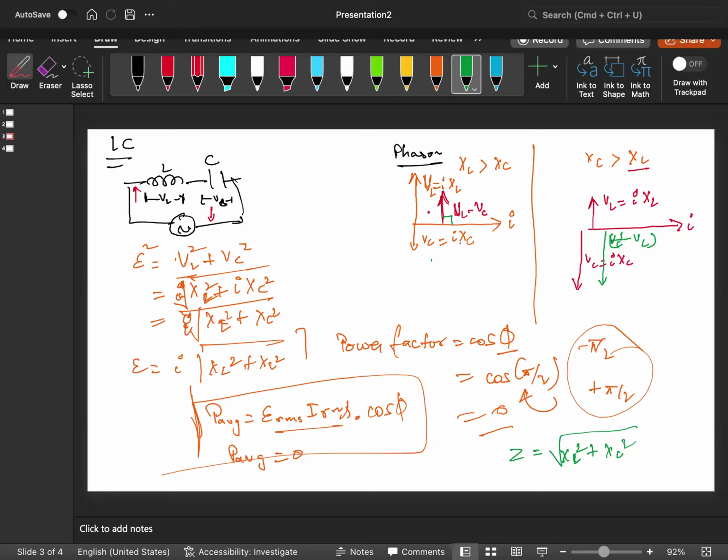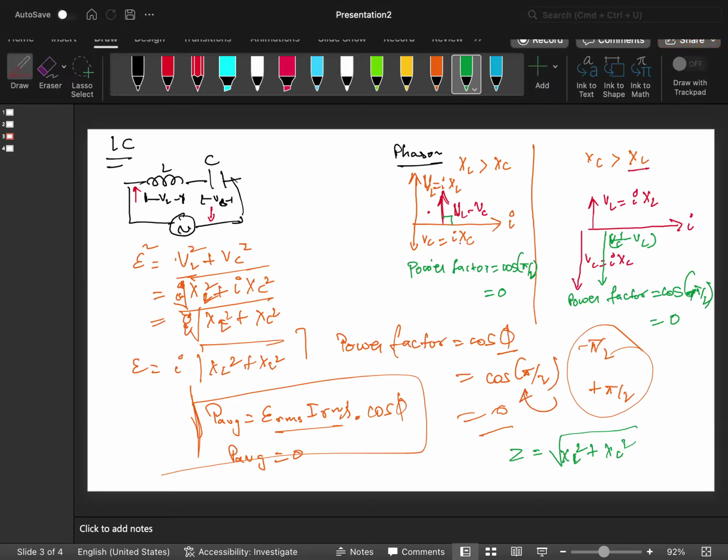Here also the power factor cos pi by 2 is 0. Here also cos minus pi by 2 is 0. Clear, Kirtna?